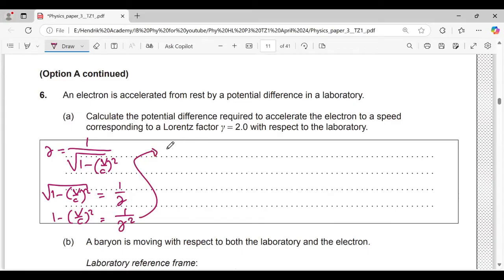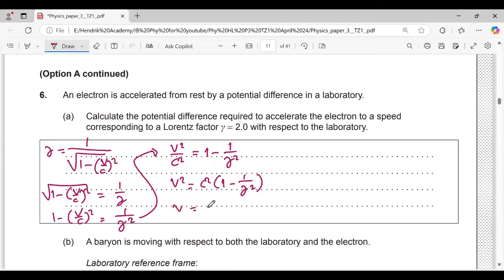So it means v squared over c squared equals 1 minus 1 over gamma squared. And then v squared equals c squared times (1 minus 1 over gamma squared). Right.